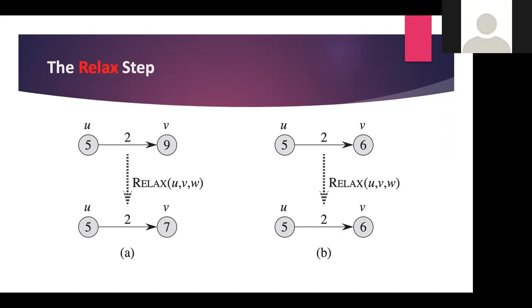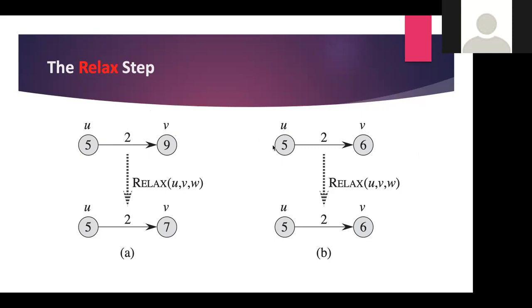Because now you would have discovered that the shortest path to U is 5 and to V is 9, but because you've seen this edge, if you relax it, you'll know there is a better path from S to V that goes through U, and that's what the relax step takes care of. By the end of it, you would have updated the length of the shortest path to V.